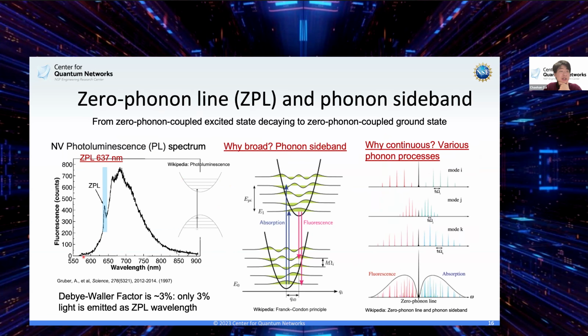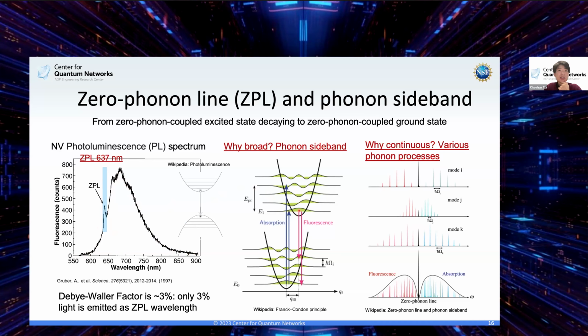What you're going to see by measuring with a spectrometer is a background, a big hump of photon clicks, and you get a little peak around 637 nanometer.